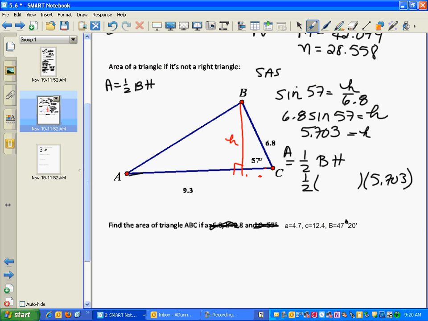Use the 9.3, not the 6.8, because my height, my altitude got dropped down to this side. So what does that make my area? Right, and it's units squared, whatever my units are. Does that make sense?